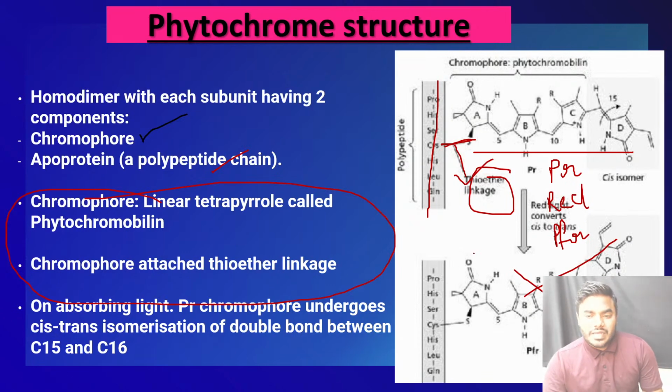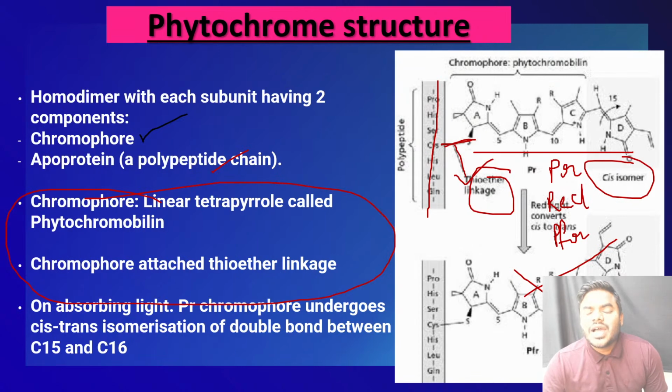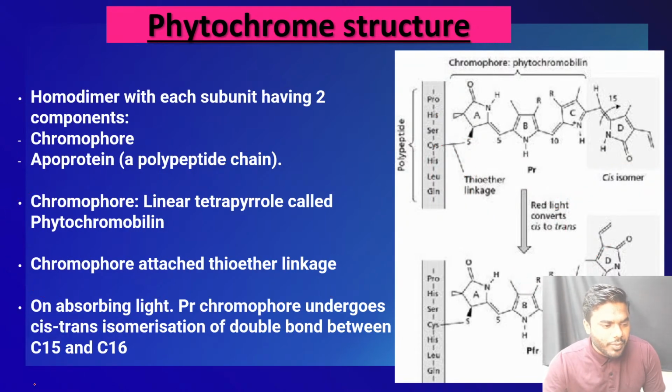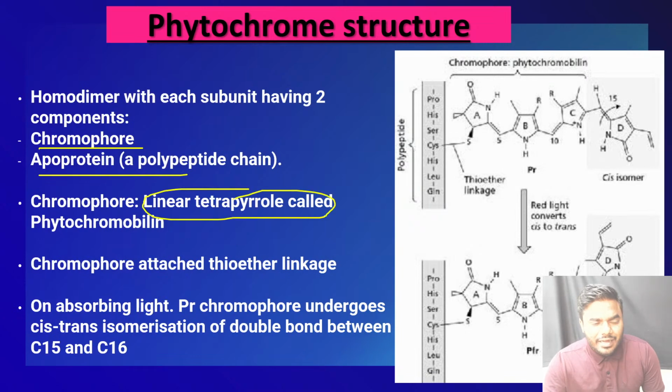Very simple, friends. PR form is the cis form. PFR form is the trans form. There is no difference at all. What you have to remember from the exam point of view is what they are actually made up of: chromophore and apoprotein. The chromophore is the linear tetrapyrrole. It is not a closed tetrapyrrole. If you quickly recall, chlorophyll has what kind of structure?